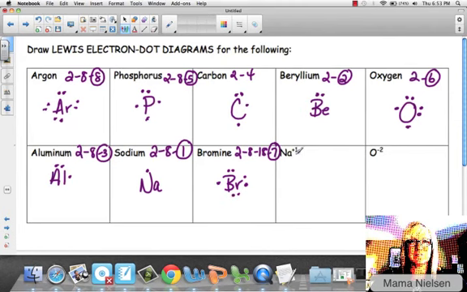Now, Na is 2, 8, 1, but this is Na plus 1, so it lost this 1. When it loses this 1, it means that this shell is empty. So we don't put any dots. This shell is now empty, and we put this in brackets, and we put a charge, because this is really now 0. It lost 1.